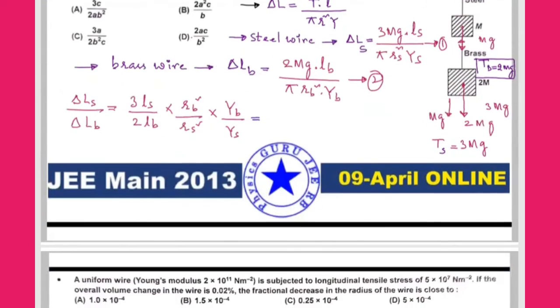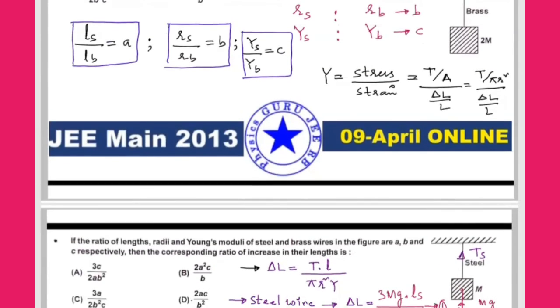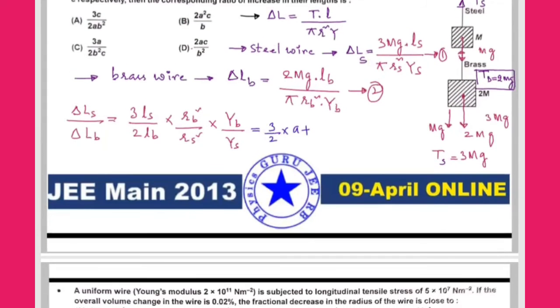Now 3 by 2 into a, into rb by rs, we have rs by rb, so rb by rs means 1 by b, whole square, that is 1 by b square, into Yb by Ys, which is nothing but 1 by c. So if I simplify it, I'm getting 3a divided by, in the denominator, 2b square into c.